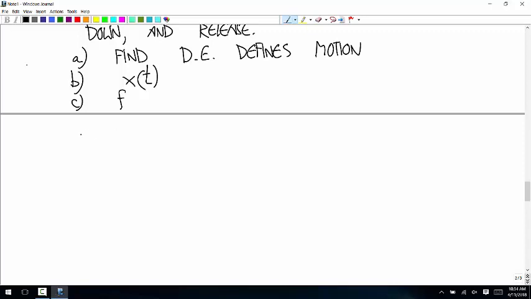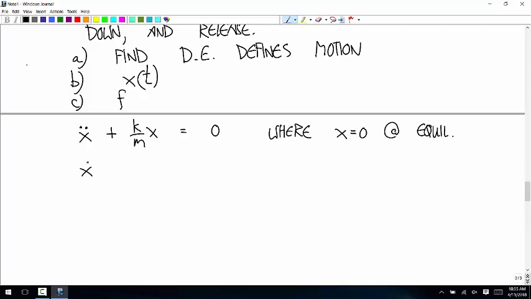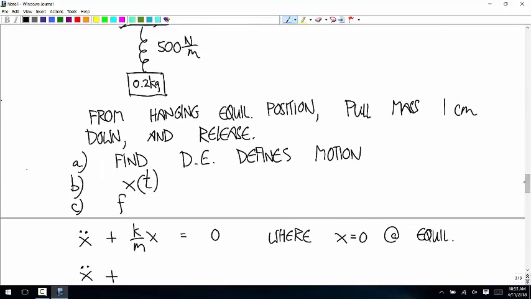So we know that the differential equation is x double dot plus k over m times x is equal to 0, where x equals 0 is at the equilibrium position. And so we have x double dot plus k over m, 500 over 0.2, 2500.